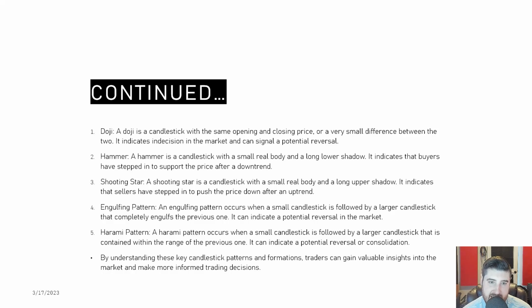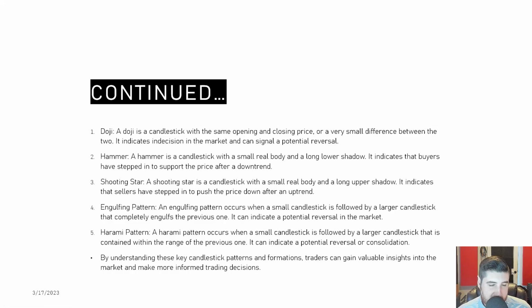It's kind of like the engulfing pattern, because if you read that one, it's a small candlestick followed by a larger candlestick that completely engulfs the previous one. It's like it, but a little bit smaller. And I'll show you in the chart. The main ones you're going to want to use, those first four, really help tell a story. This is kind of an engulfing pattern, but not quite. So maybe we're just in consolidation. So these are going to help you identify trend reversals and stuff like that.